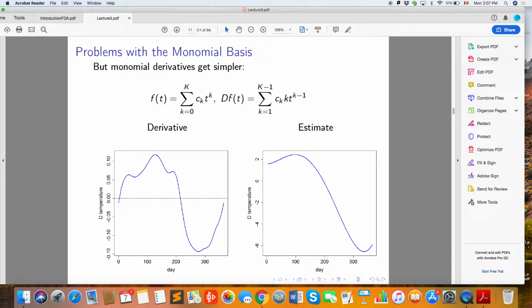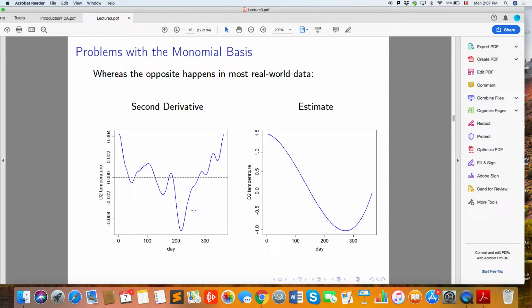In other words, when we use monomial basis functions, we basically assume the derivative is simpler than the function itself, because it's using a lower order polynomial to approximate the derivative. Therefore, one common problem with monomial basis functions is that the derivative tends to be much simpler than the true derivative should be. So this is another drawback for monomial basis functions.